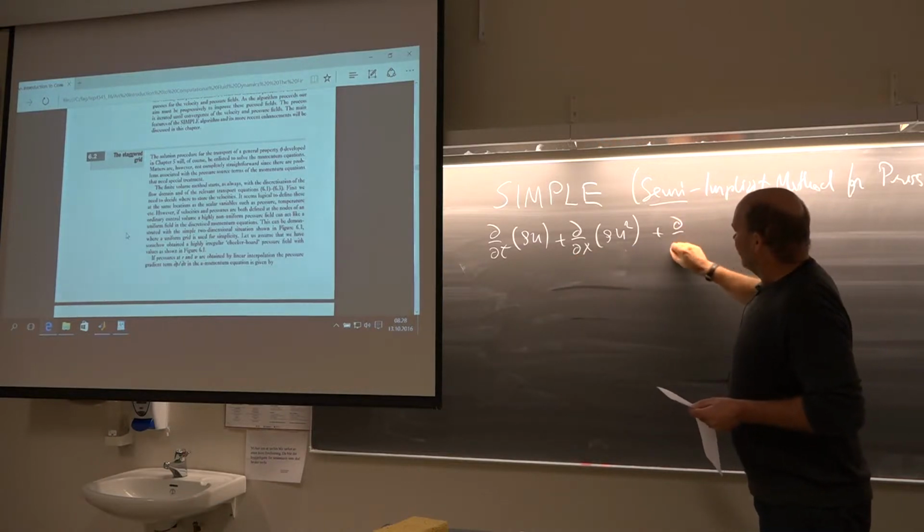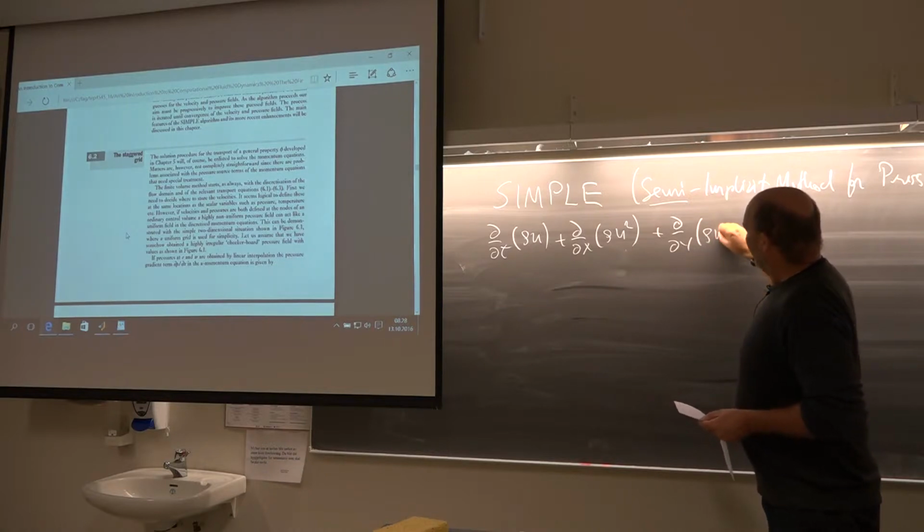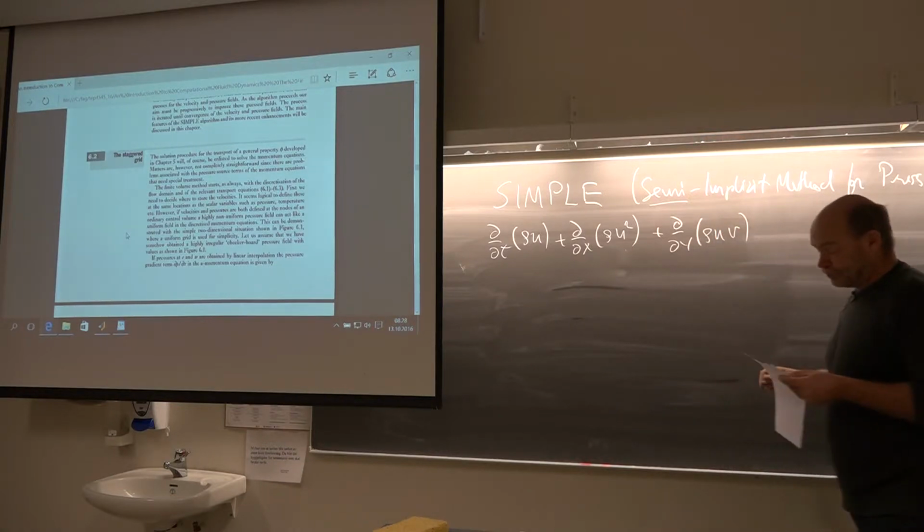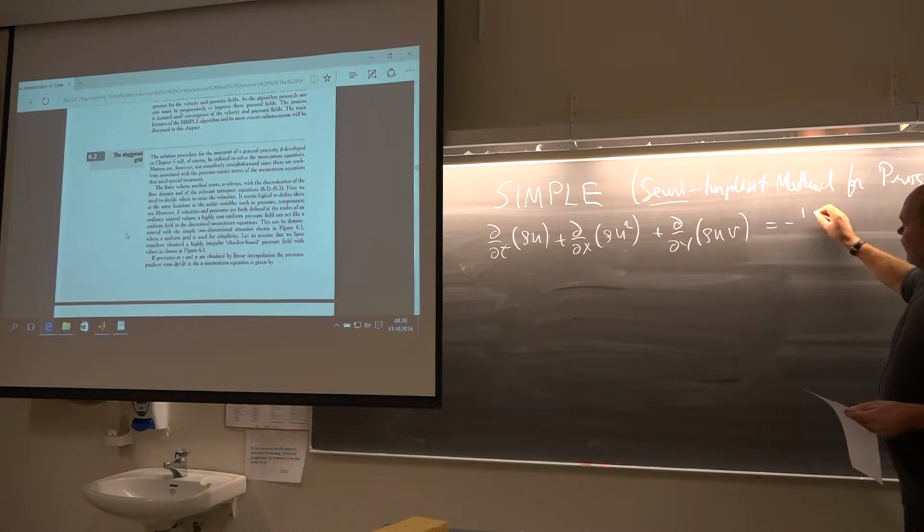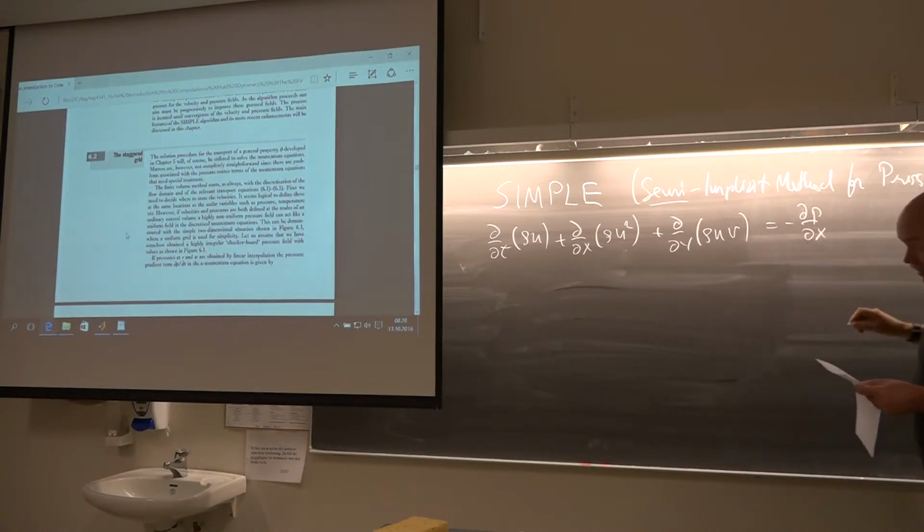And then y derivative rho uv. And then on the other side minus the pressure gradient in the x direction. And we have the viscosity and we have double derivatives. And gravity, if you like.